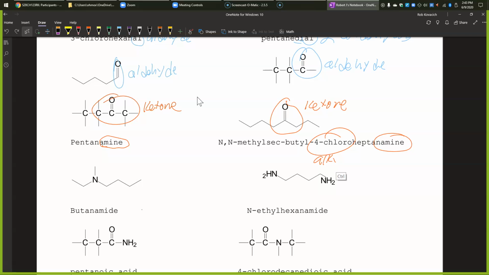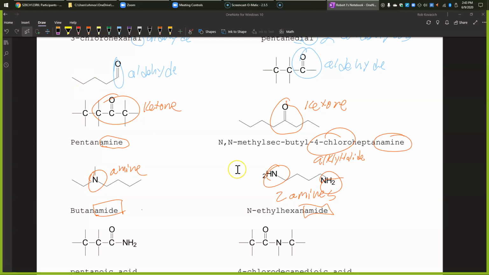Cannot spell. This one here, this is an amine. This and this is two amines. An amine on the butanamine, an amine, or sorry, I just messed both those up.